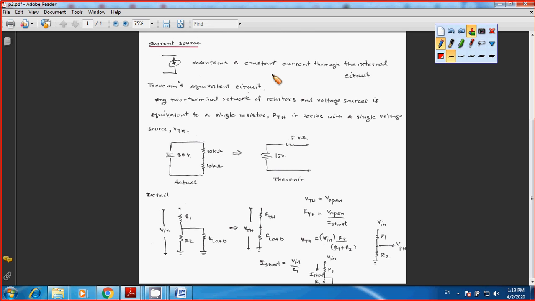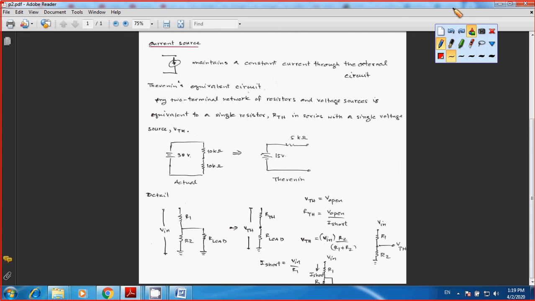The new supply voltage is your Thevenin supply voltage, VTH, and you also have RTH, the Thevenin resistor. We will show you how to find VTH and RTH as follows.